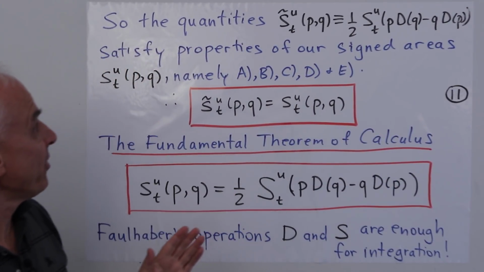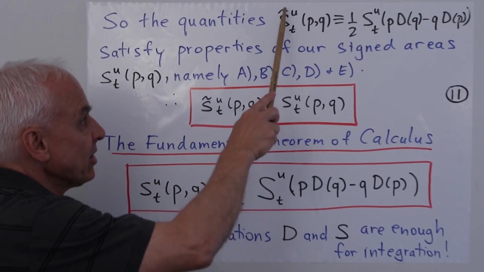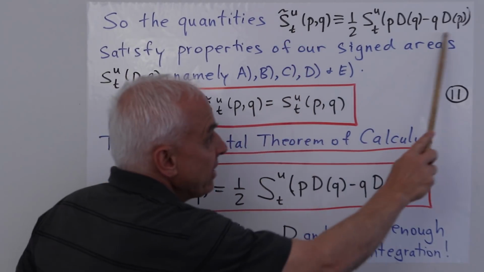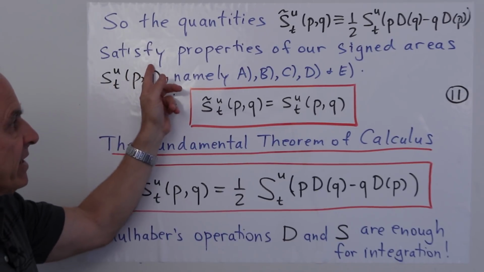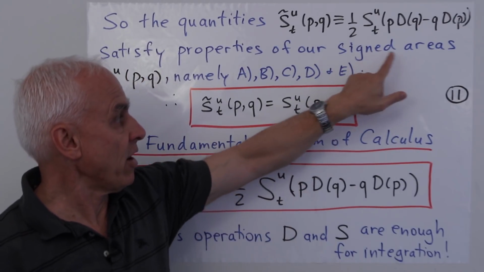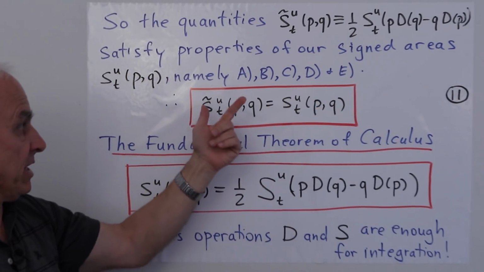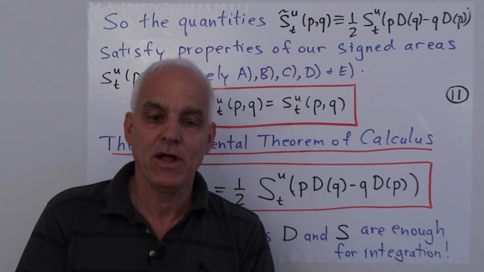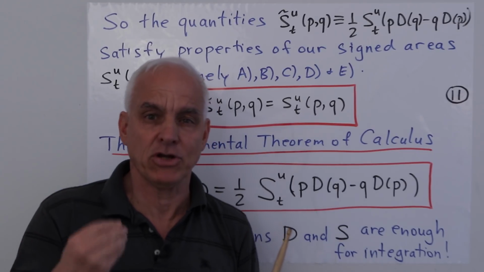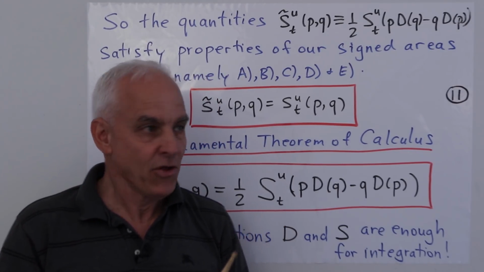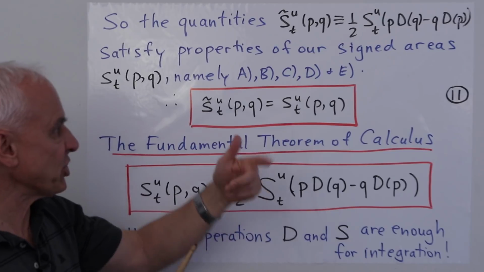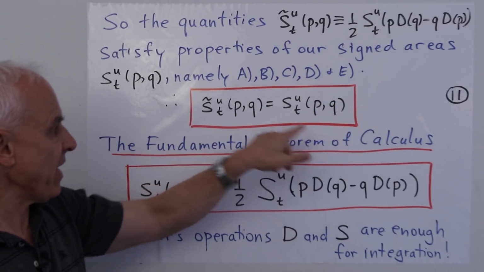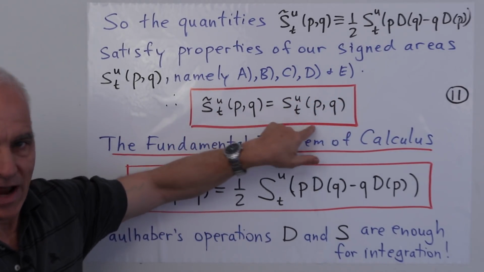Okay, so to wrap up, the quantities S tilde from T to U of P, Q defined this way satisfy exactly the same properties that our signed areas do, namely A, B, C, D, and E. And we saw earlier in a previous video that those 5 properties characterize the signed area. So if we have some other expression that satisfies the same 5 properties, then it's actually equal to our signed areas.